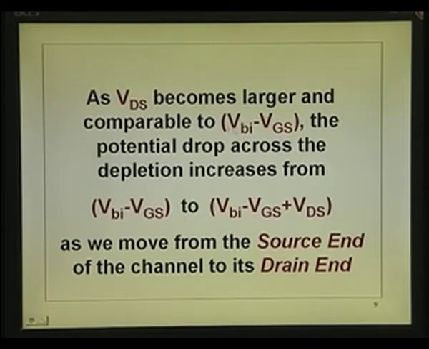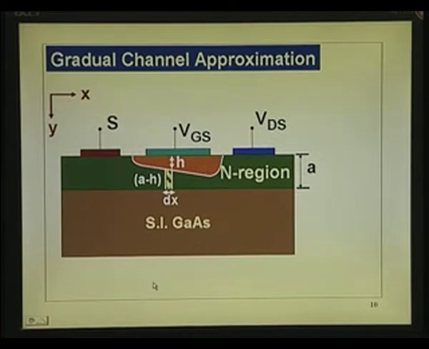As VDS becomes larger and comparable to VBI minus VGS, the potential drop across the depletion layer increases from VBI minus VGS to VBI minus VGS plus VDS, as we move from the source end of the channel to its drain end. Let us see what is the meaning of that.